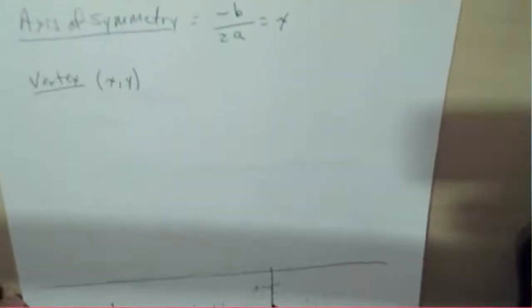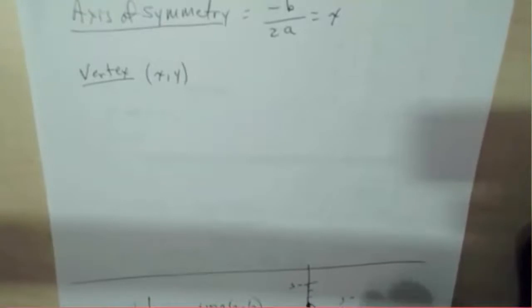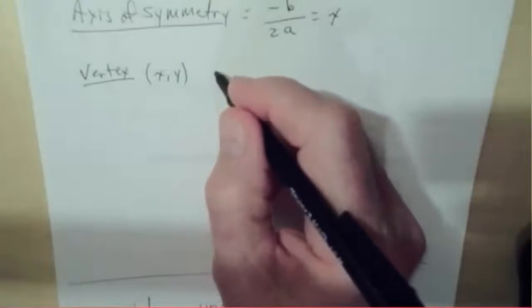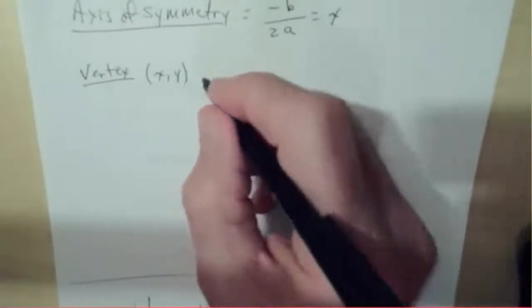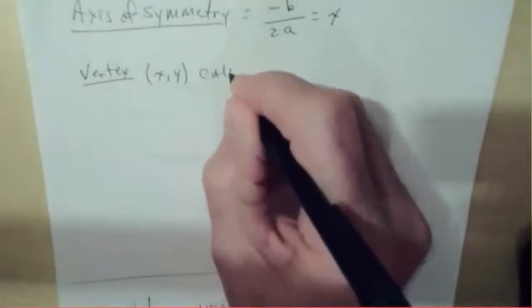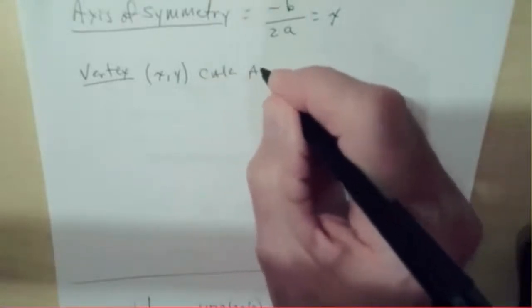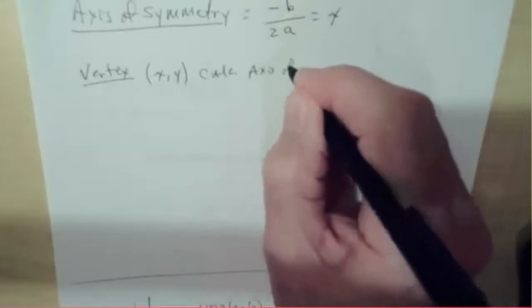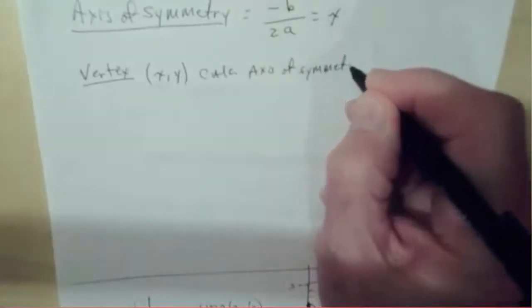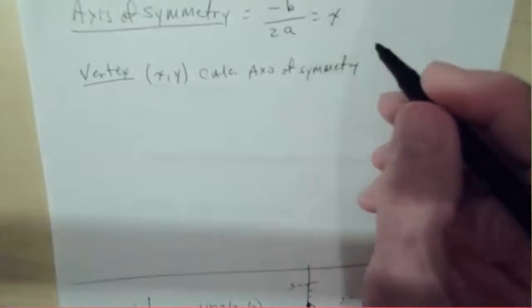Now that will be in the form of x, y. To calculate the axis of symmetry, use the formula, and remember that will give you the x.